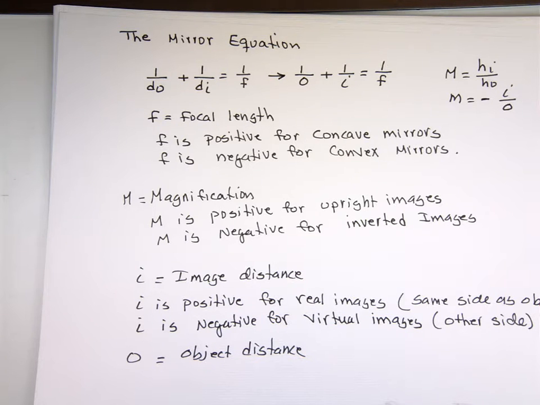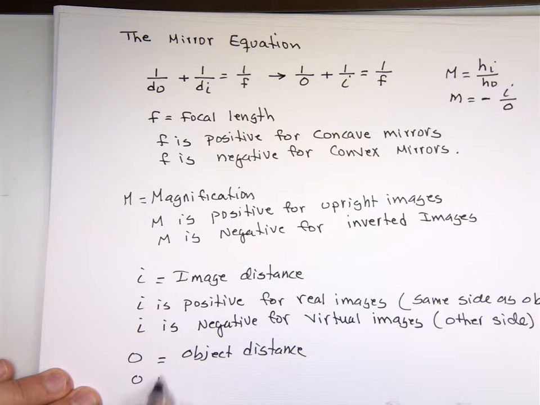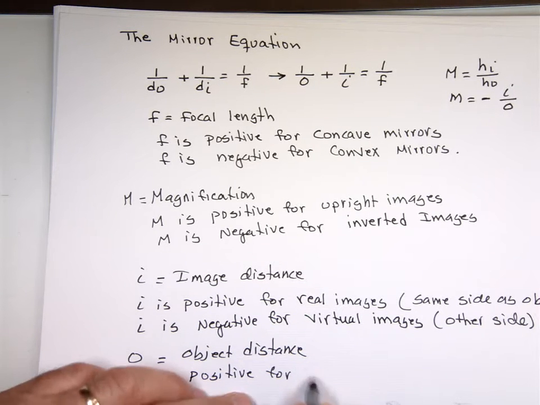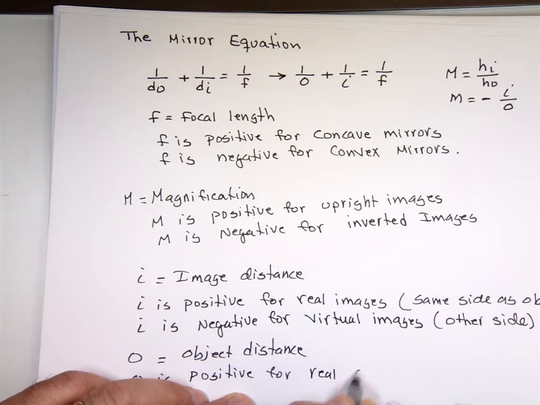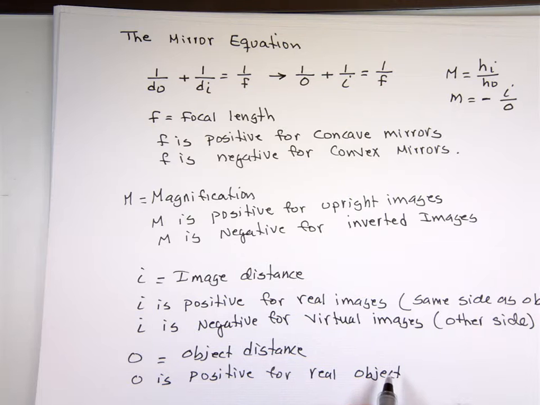So O is positive for real object. What does real object mean?